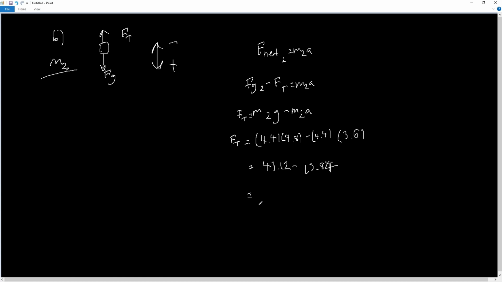So 43.12 minus 15.84 is 27.28. Let's round to 3 sig digs. So Ft equals 27.3 newtons. That is pretty much how you solve the question. If you need any help, just feel free to leave a comment.